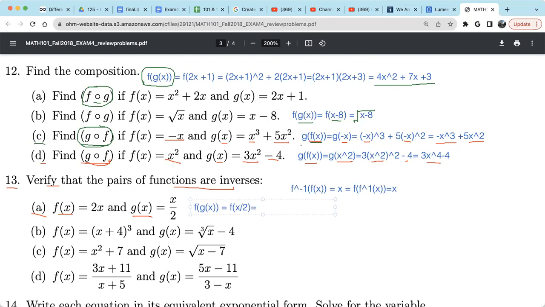And what f does to the input is multiply by 2. So multiply the input, x divided by 2, by 2, or 2 times x divided by 2, that's x. So indeed, we did get identity. So that means f and g are inverses of each other. So the first one is yes.